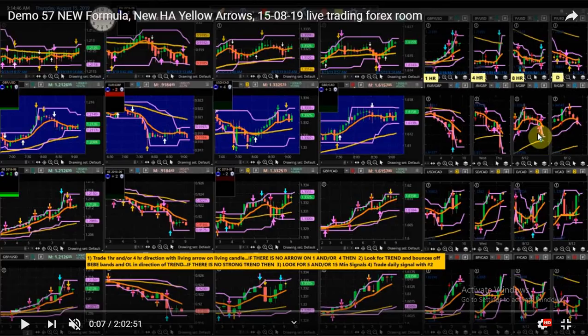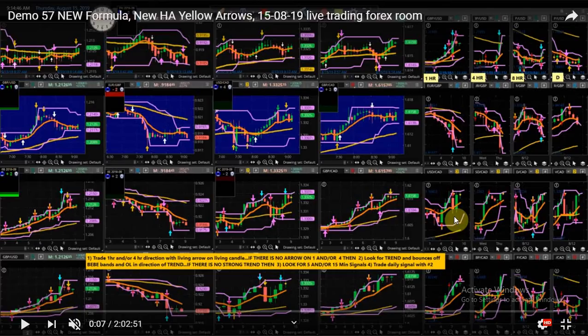When you do not have blues, which are the only ones that allow you to take trades against the trend. That's the only way I know to enter against a trend, when I see the blues, okay? And we do not have any, so we are taking EJ down. However, we have to wait for them to reach back up to the BB bands of 5 minutes or 15 or 30, most likely 5 minutes, okay?